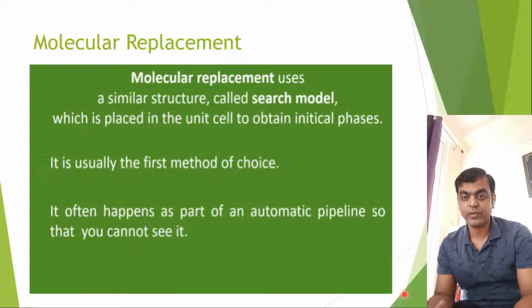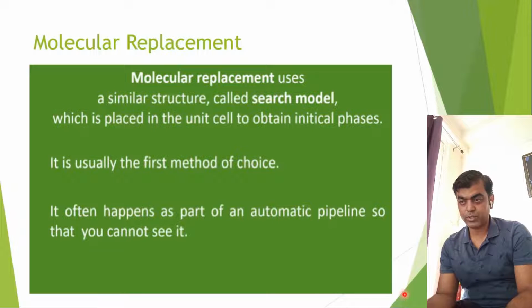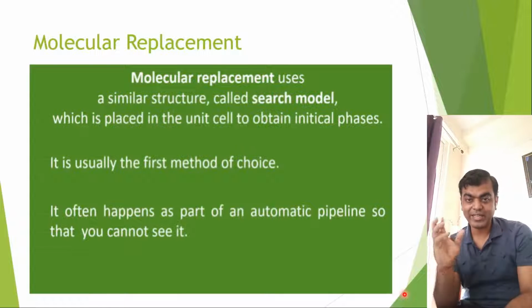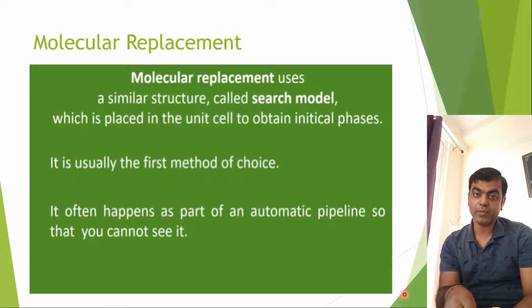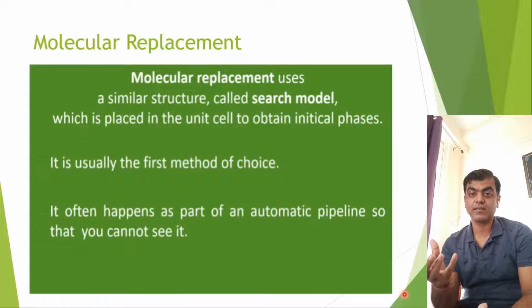We have to develop a few search models, optimize different search models, get a similar structure, and place it. Once we are able to get that initial structure or the unit cell, you try to place it in your sample and get the initial phases.